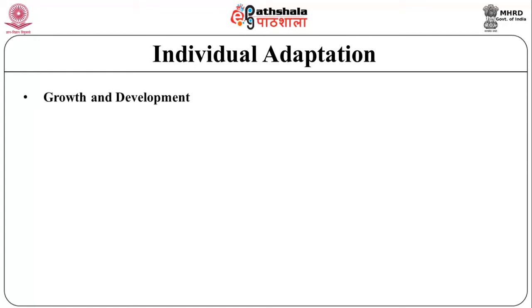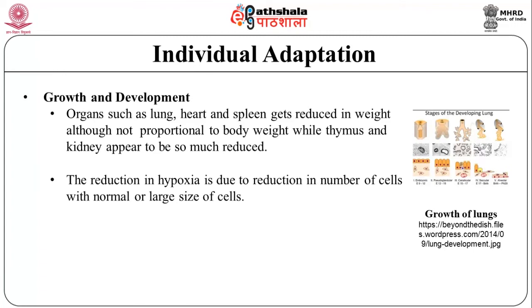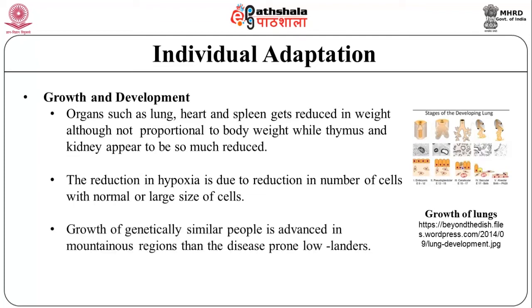Growth and development. Organs such as the lungs, heart and spleen get reduced in weight, although not proportionally to the body weight, while the thymus and kidney appear to be much reduced. The reduction in hypoxia is due to a reduction in the number of cells with normal or large size of cells. The growth of genetically similar people is advanced in mountainous regions compared to the disease-prone lowlanders.